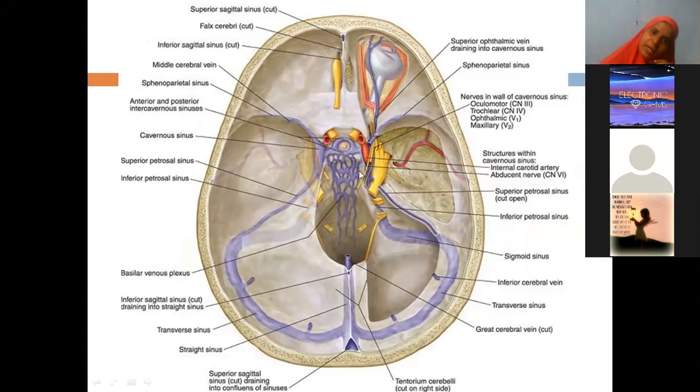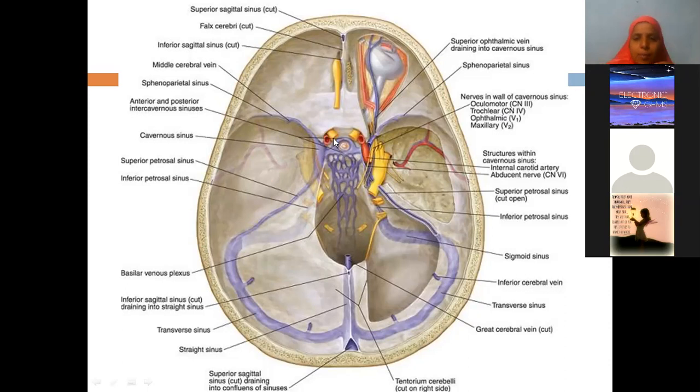Middle cranial fossa. On either side of what? What is this whole area called? Sella turcica, isn't it? What is this gland? Pituitary gland.